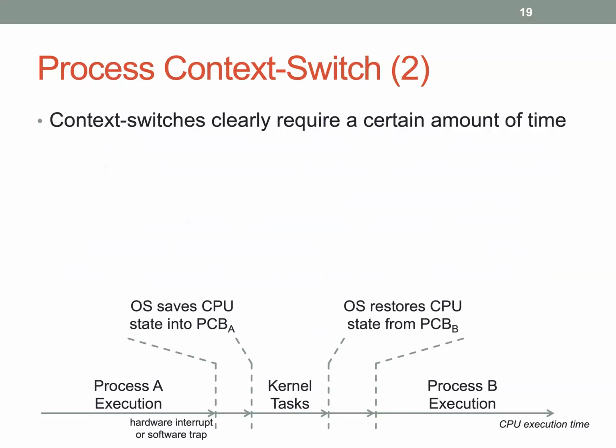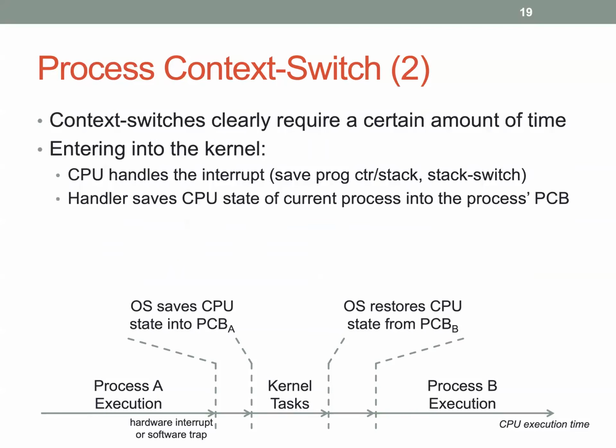Now, context switches take time. Getting into the kernel, getting out of the kernel, obviously that's going to take some time. If you think about what the CPU is doing, the CPU does a rather sophisticated series of steps. It's checking protection levels, it's changing stacks, it's saving some of the basic information from the program onto the appropriate stack.